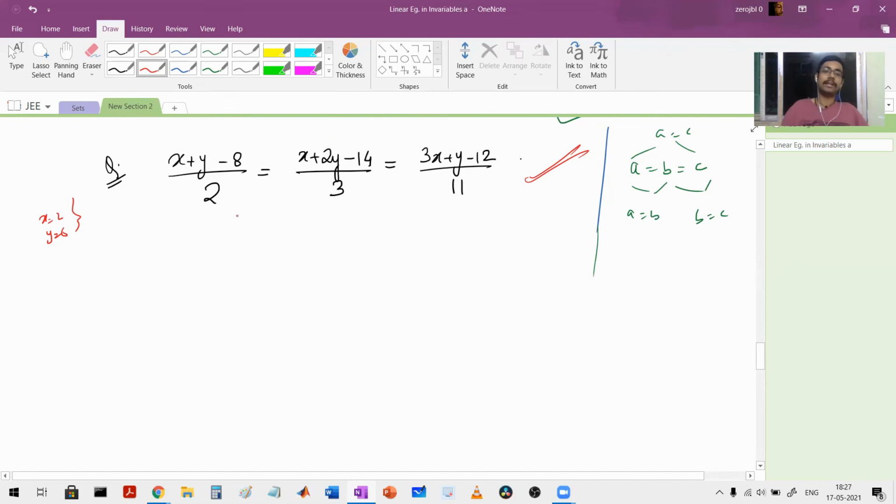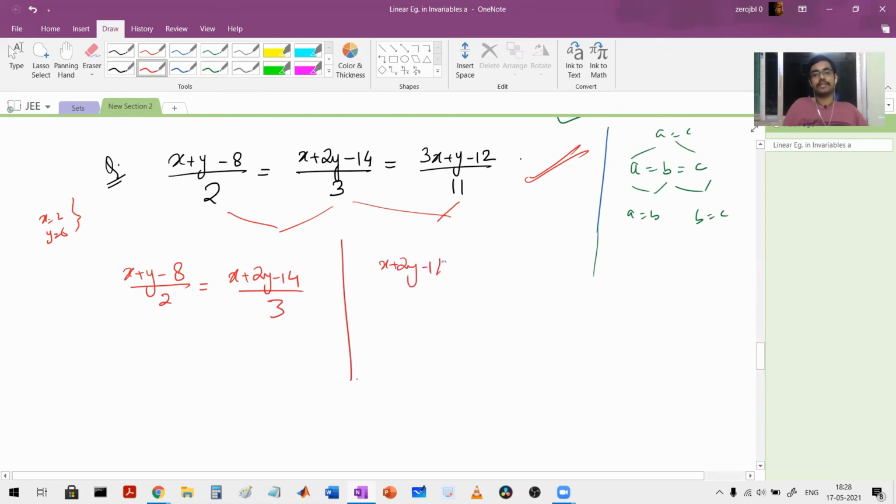You can bring any two of the equations together, it does not matter. So let me make one equation with this, and let me make the other equation with this.